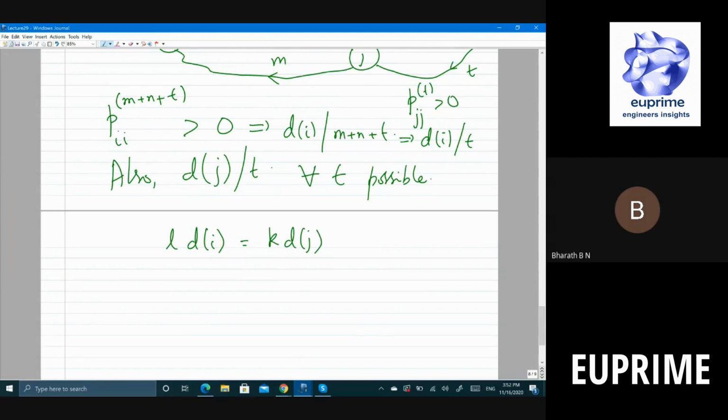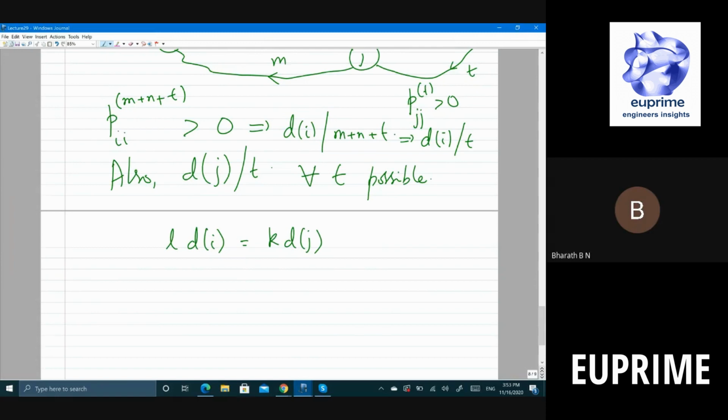So that means d of i divides t and d of j divides t. It's true for any possible t that we can have. So that implies d of i divides d of j, right?